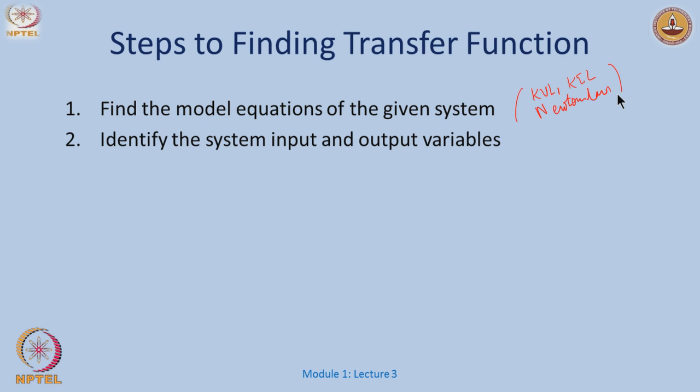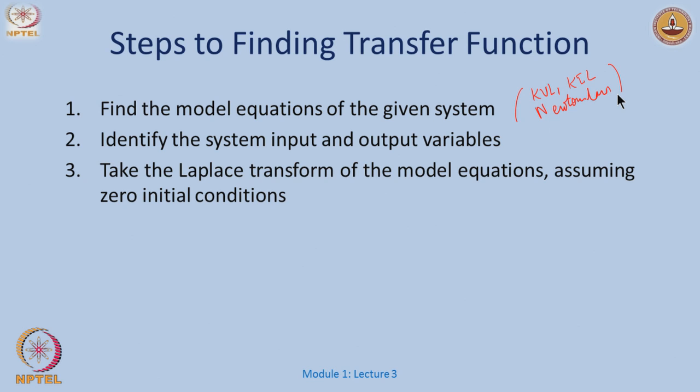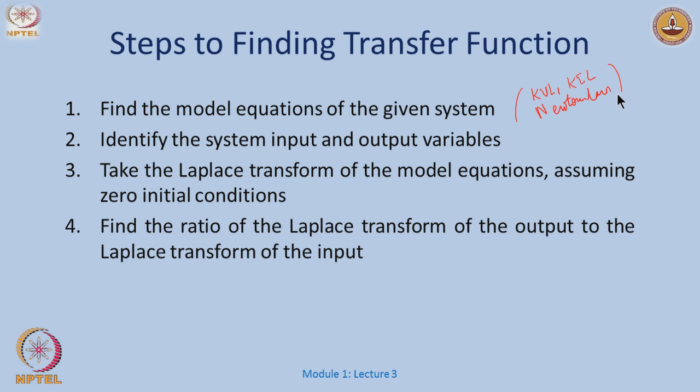Second, identify the system input and output variables, and we will see that the choice of output can be different; it is not always unique. Now take the Laplace transform of the model equations, which are essentially differential equations, and assume 0 initial conditions. Then find the ratio of the Laplace transform of the output to the Laplace transform of the input. I can always do this because it is a linear equation.